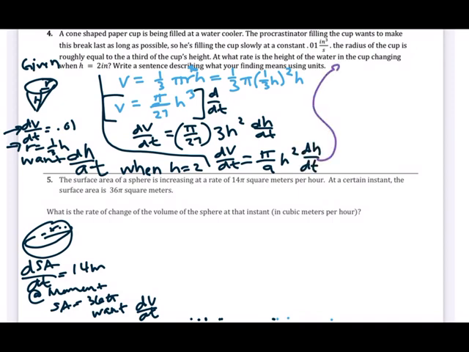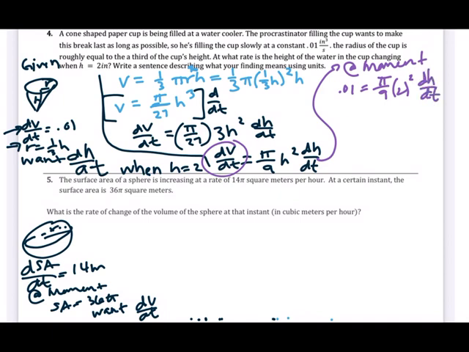And then at the moment that we care about, we know what h is and we know what dV/dt. We want dh/dt. So dV/dt is 0.01. 0.01 is going to equal pi over 9 times h, which is 2 squared, times dh/dt, which we're trying to find.